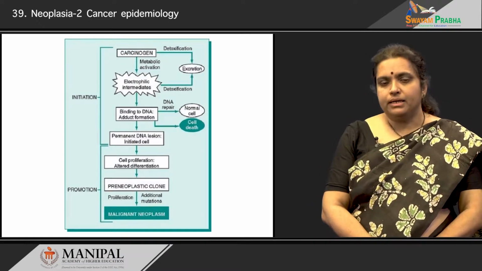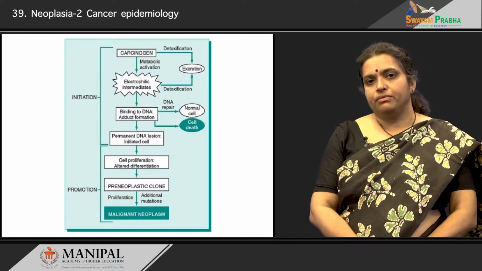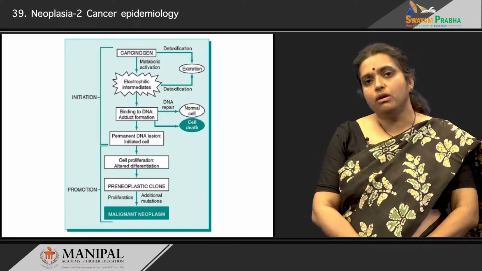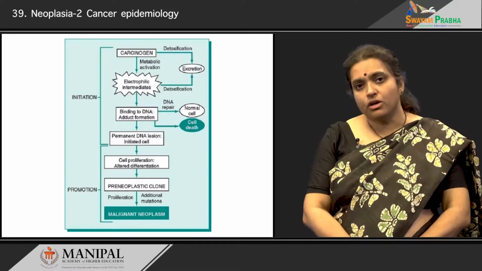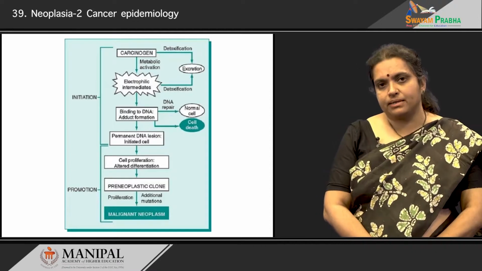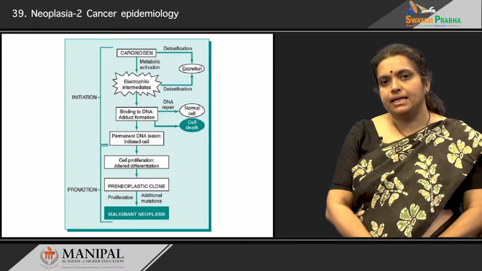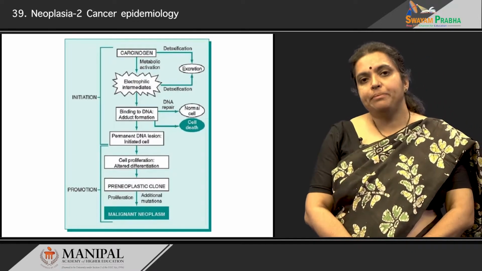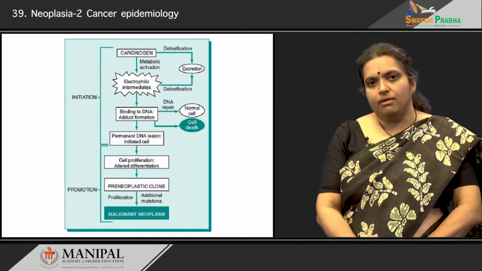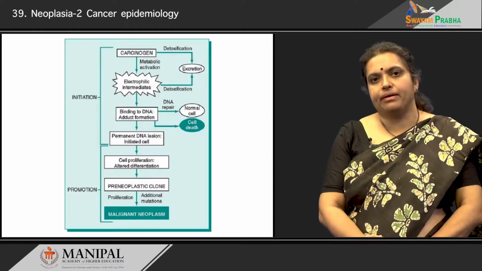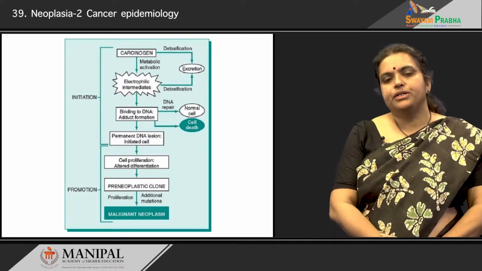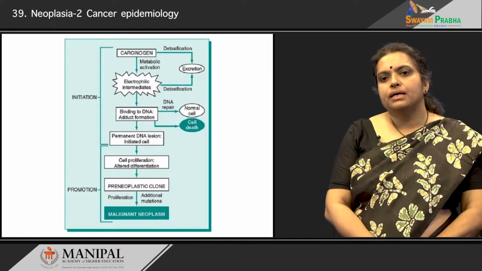Now, normally during our lifetime, all of us are exposed to a whole lot of carcinogens, but not all of us develop these cancers. So, why is that? Because normally the cell has a DNA repair mechanism which is constantly working and trying to repair all these DNA damages that could have been occurring due to initiation processes.